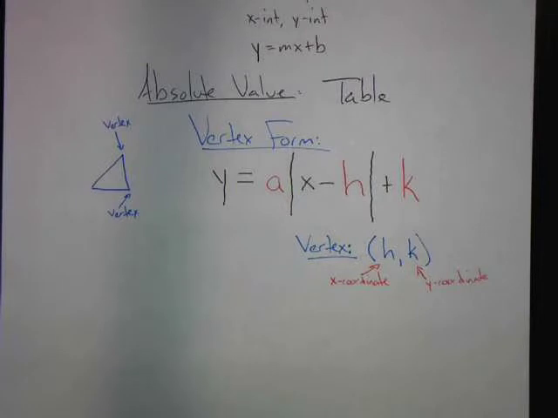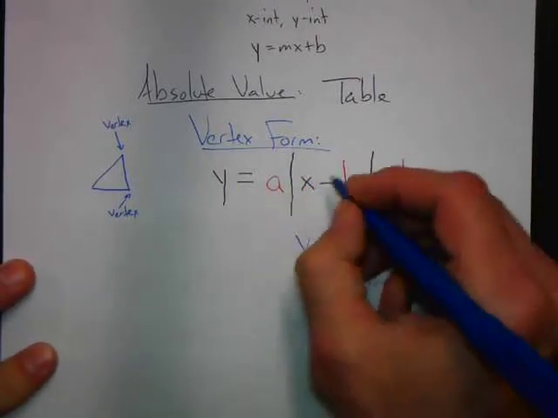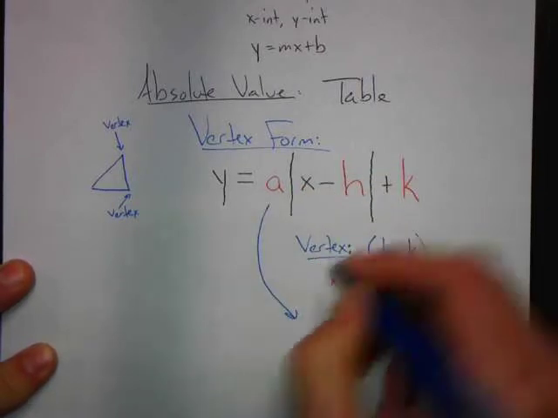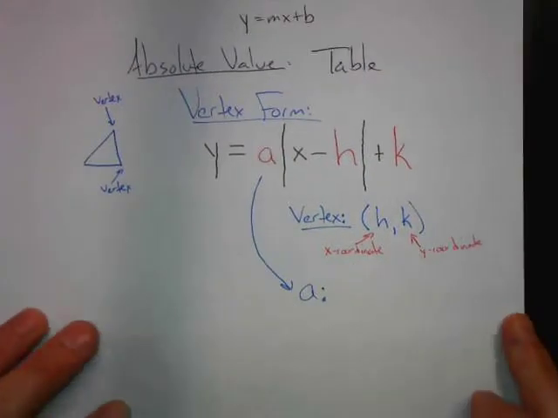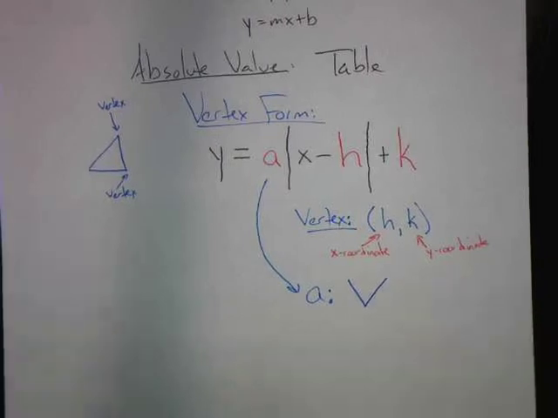So the a gives us another piece of information. The a tells us about the shape of the graph. So the a tells us whether or not we're going to deal with a graph that looks like a V. You know what it can also tell us?